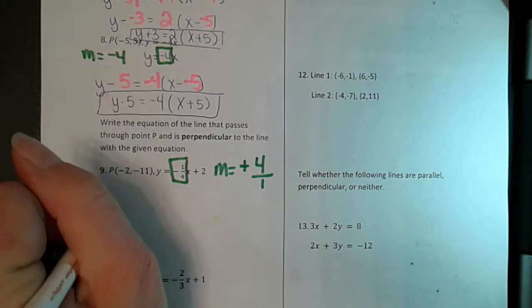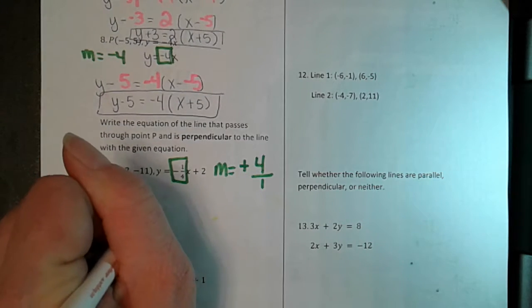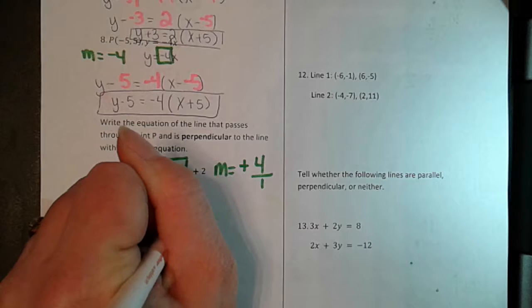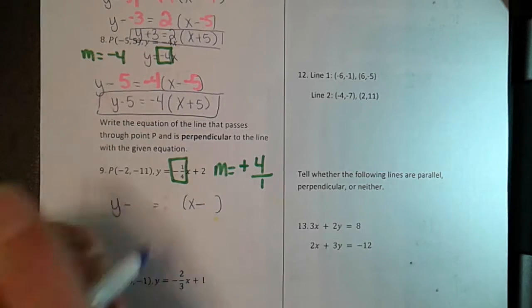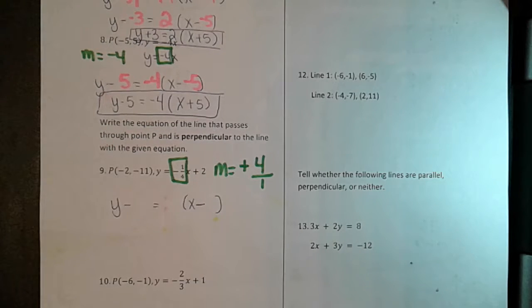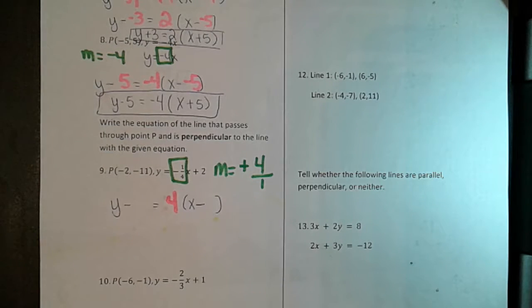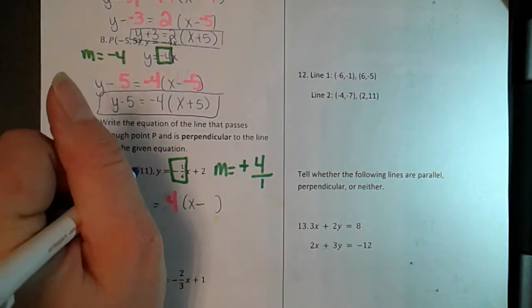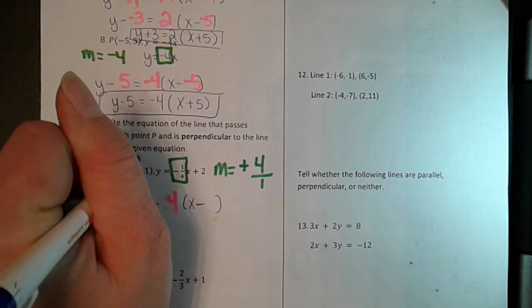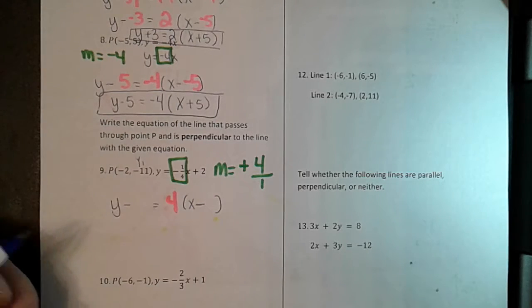Okay, so here we have y minus y1 equals m times x minus x1. And we fill in what we know. Okay, so we know that the slope is 4 because that would make it perpendicular to that line. And then we know it needs to pass through this point. So the y1 is -11.